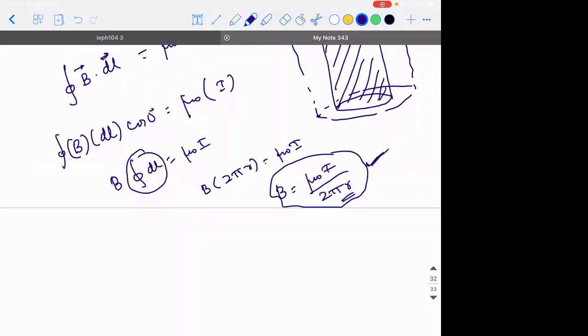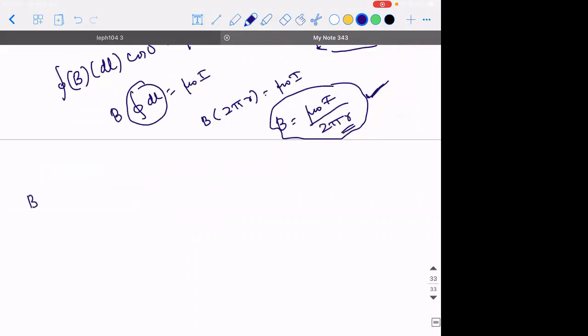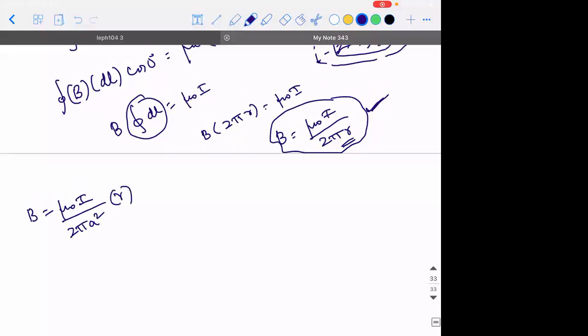If you write it as a function, B is equal to mu naught I divided by 2 pi a square multiplied with r for r less than a, and B is equal to mu naught I divided by 2 pi r for r greater than a.